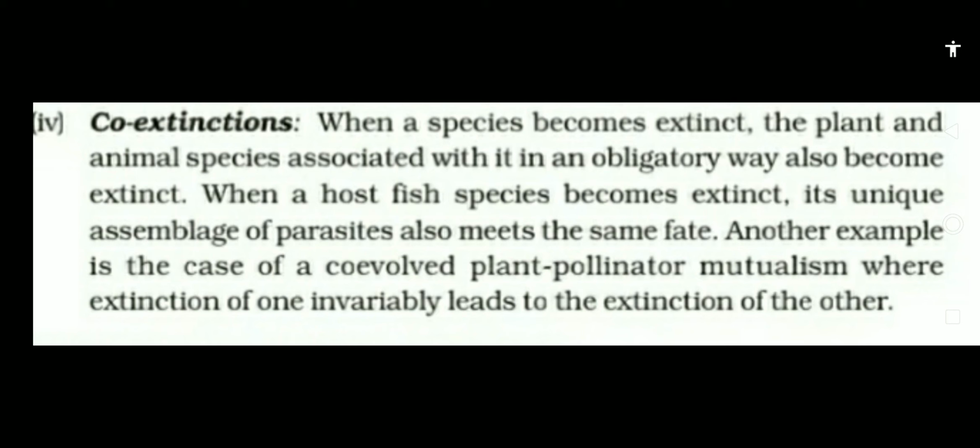Suppose the insects are eliminated, then what happens? No pollination takes place, so for the pollination of the flower, insects are very important. If we destroy the flowers of the plant, or destroy the plant, then there will be no flower, and in the absence of the flower, the insects will also die. So these are the main causes of the loss of biodiversity.